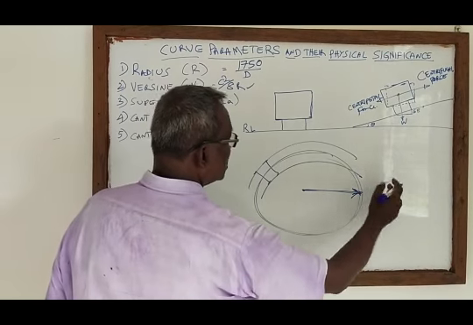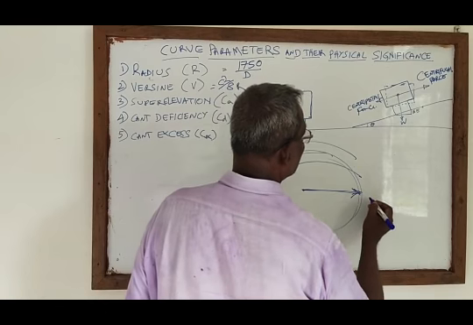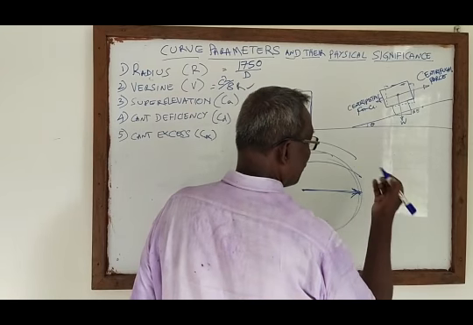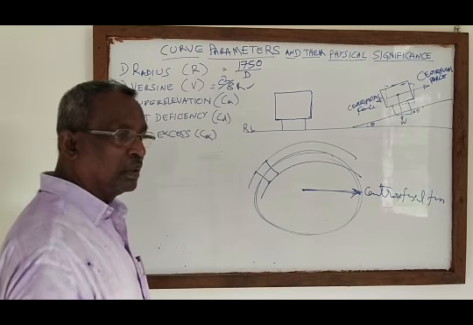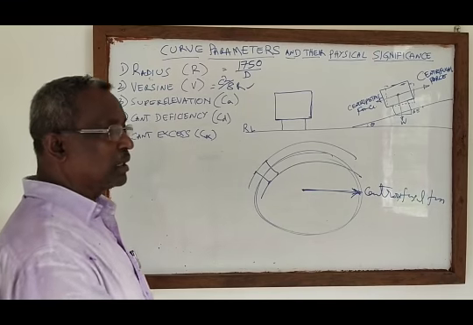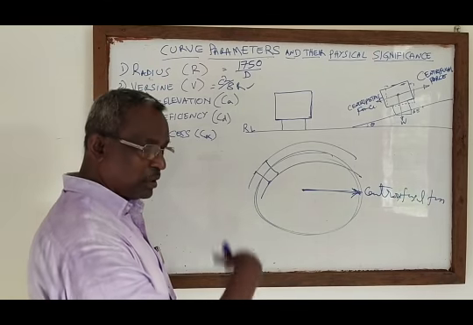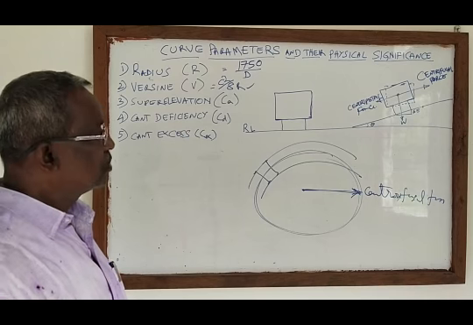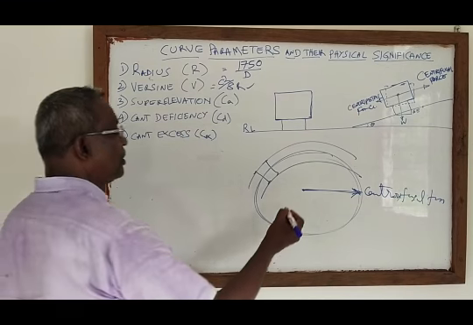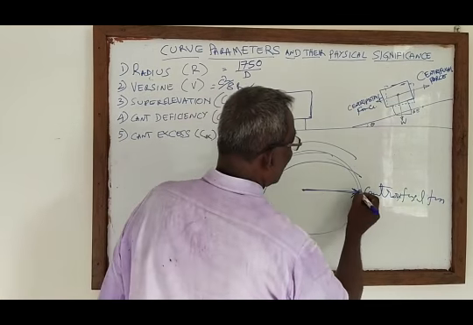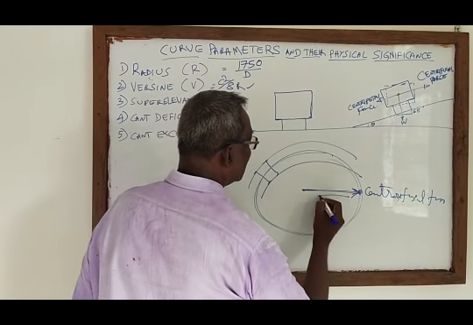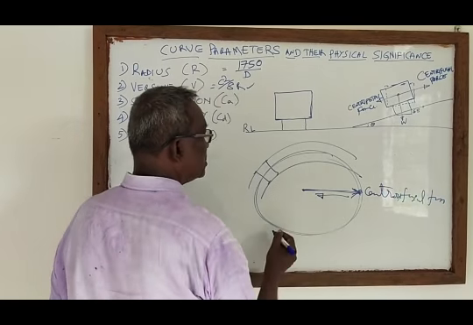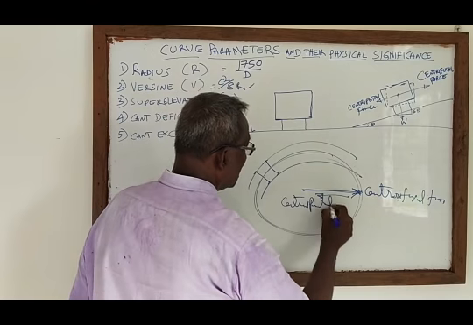That force going outside is called centrifugal force. As per Newton's third law, every action has an equal and opposite reaction, so for this centrifugal force, a force acts inside, that is centripetal force.